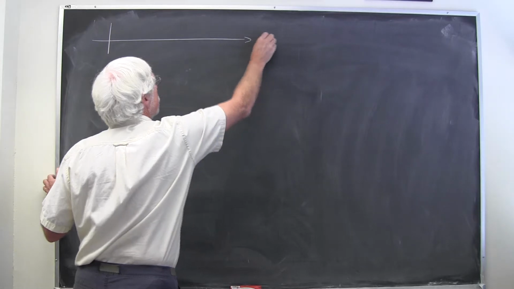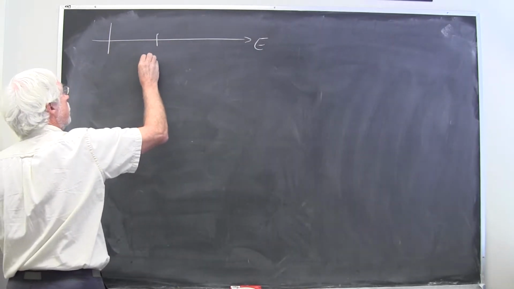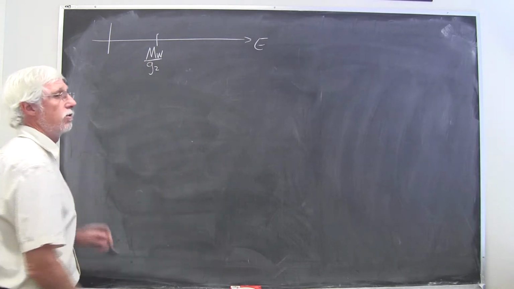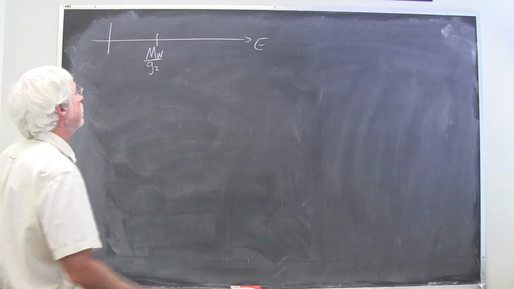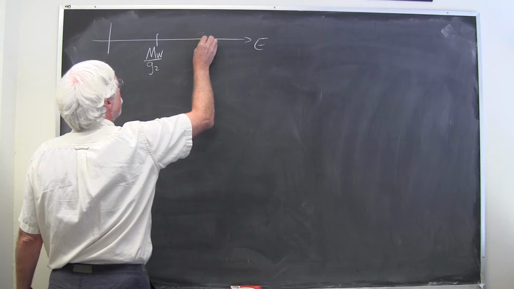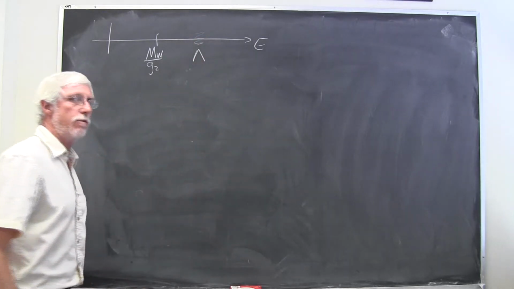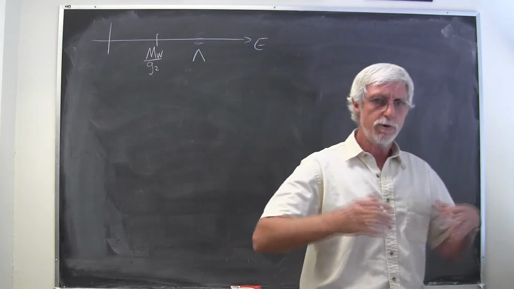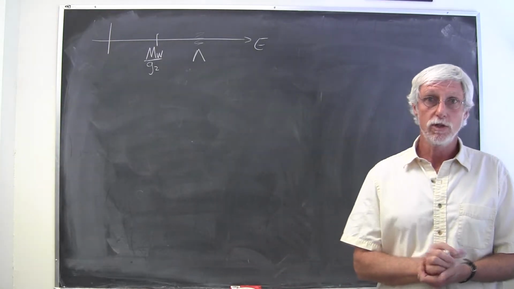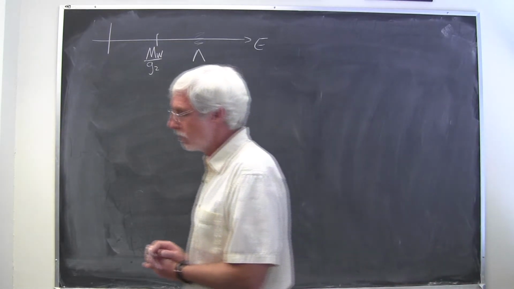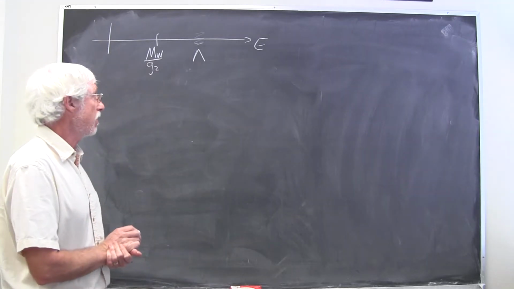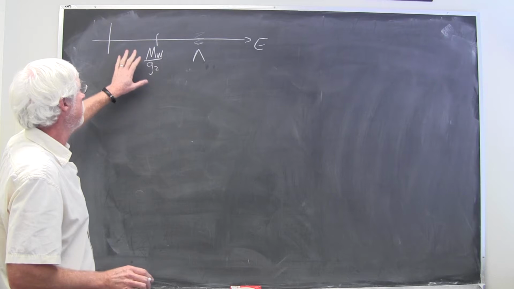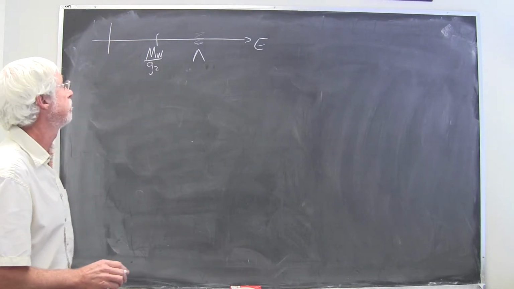So here's the energy scale, here's the electroweak scale, MW or the electroweak VEV, kind of the same scale. And then there's some scale somewhere around here that I'm going to call lambda. And above this scale, there are some new fields and new particles that we're really interested in finding out about. But we're going to try to see what the effect of those particles may be at very low energies.